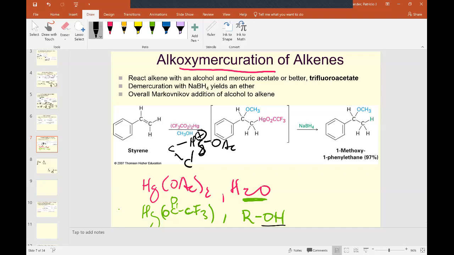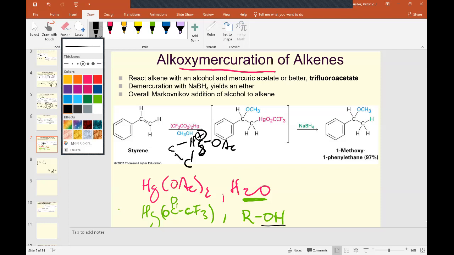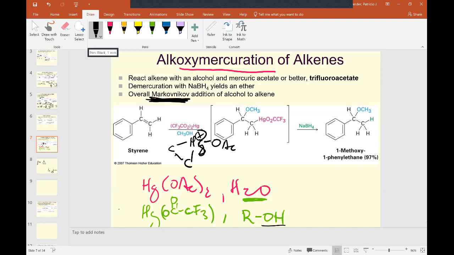So the regiochemistry, we said that the observed regiochemistry is Markovnikov. What does it mean, Markovnikov, in this case? It means that the alcohol will end up being attached to the carbon atom that is more highly substituted. In this particular case, the more highly substituted carbon is the one that is attached to the benzene ring.